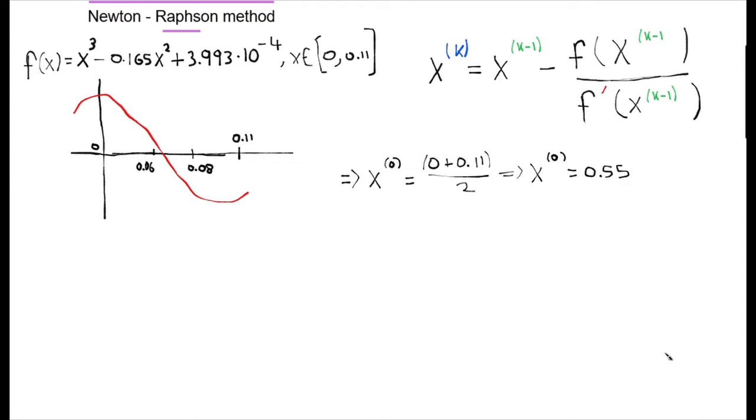Now that we have a first approximation, we can begin the iterations to begin approximating the solution. Let's begin the first iteration as shown. Firstly, we must calculate the derivative of our equation.